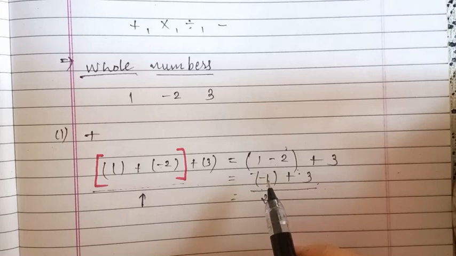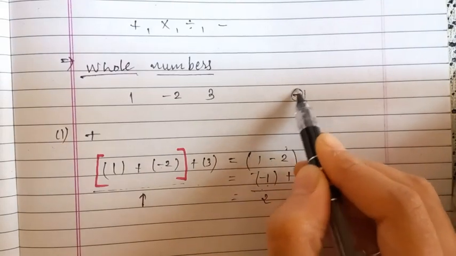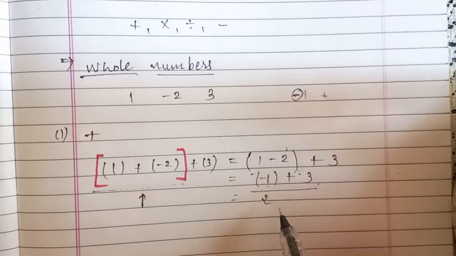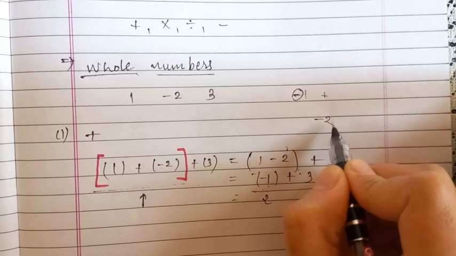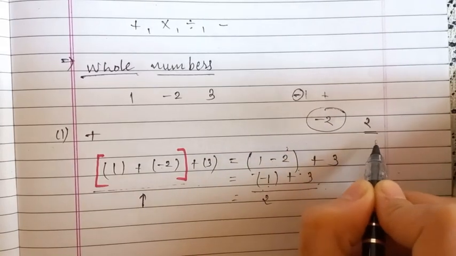So the sign of the answer depends on the sign of the bigger digit, not the number. This minus 2 is a number, but the digit is 2.